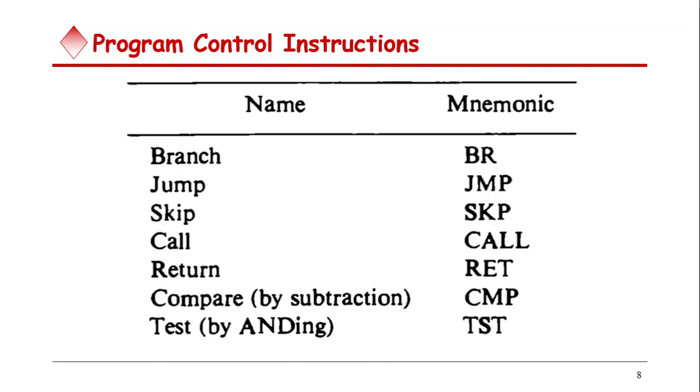The skip instruction does not need an address field and is therefore a zero address instruction. A conditional skip instruction will skip the next instruction if the condition is met. This is accomplished by incrementing the program counter during the execute phase in addition to its being incremented during the fetch phase.